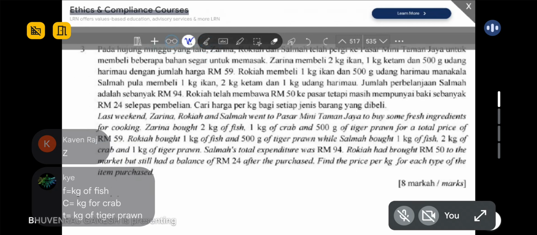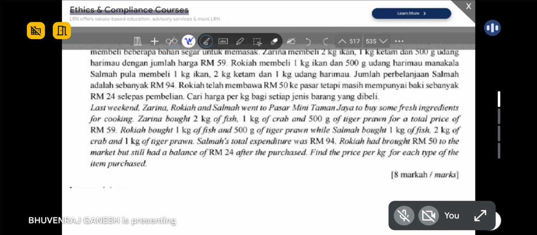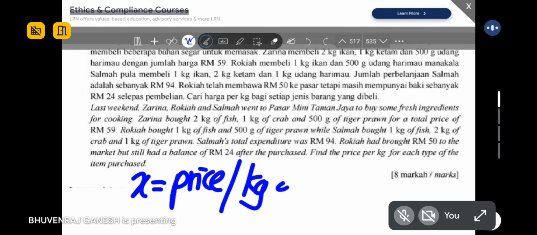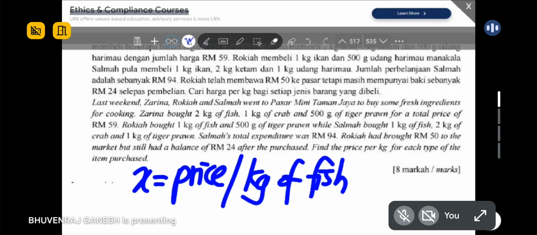Yes. Okay, you must do the assumption first. Okay, so you can use F, C, T or you can use XYZ. Apa-apa huruf pun boleh lah. But usually we use XYZ lah. So X is equal to price per kg of fish. You must write the assumption first, guys, before you solve.